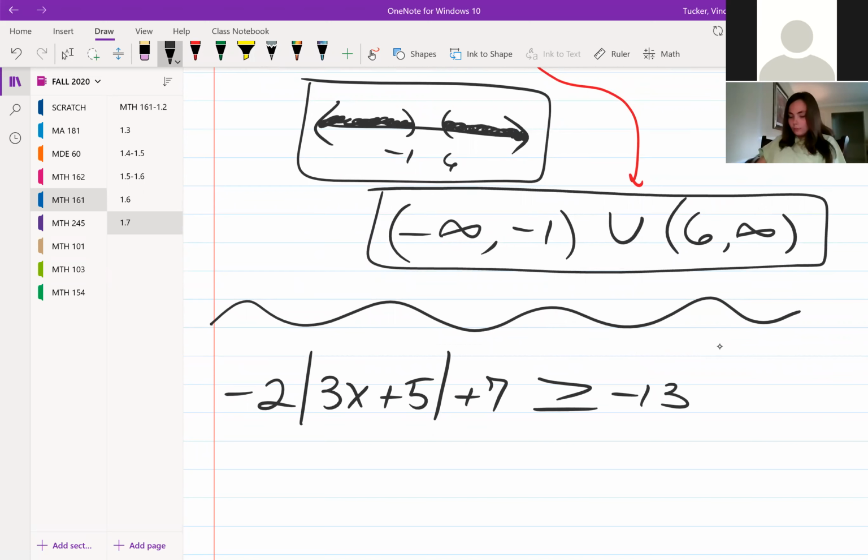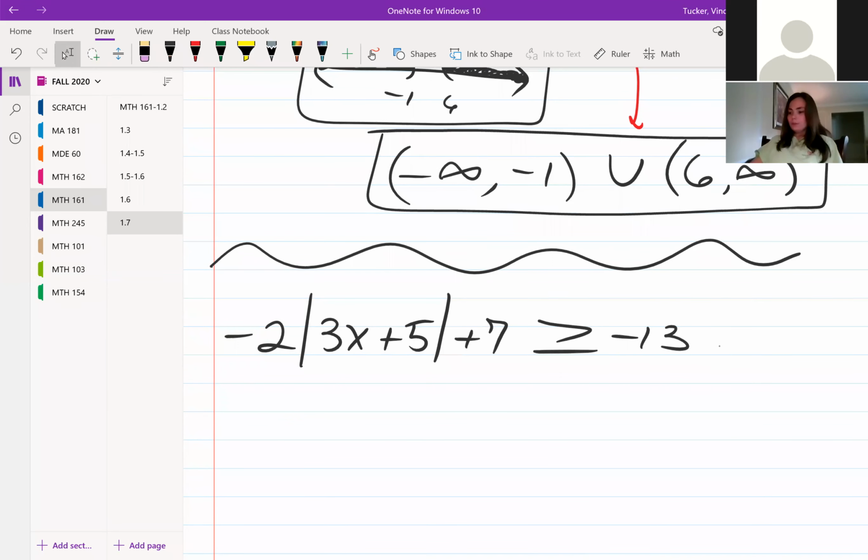All right. Negative 2 times the absolute value of 3x plus 5, plus 7, greater than or equal to negative 13. So what we would do is isolate our absolute value.